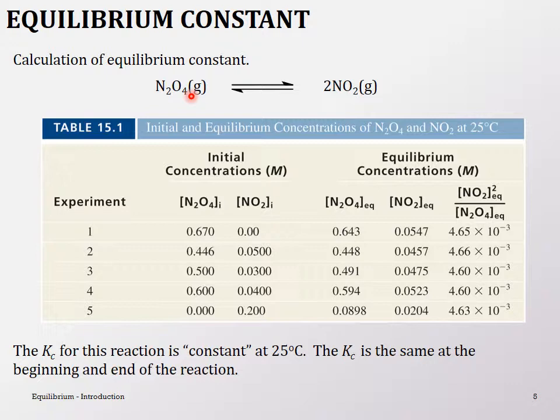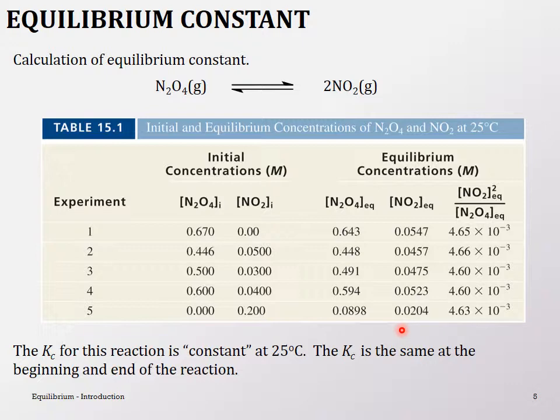Now this doesn't happen in equilibrium. Why? Because as the reaction is progressing forward, it's also progressing backward. So you have the concentrations of both reactants and products. Here in the equilibrium concentrations, which you will see in this table, both of them are present at any given time.